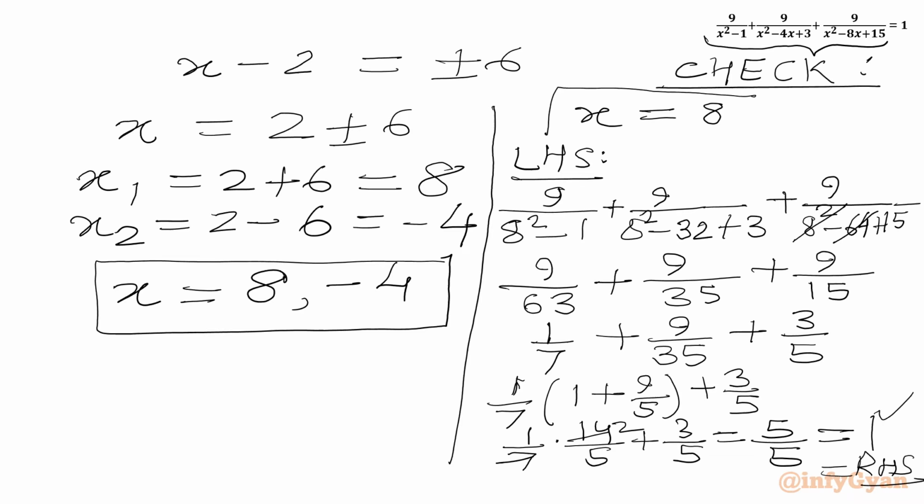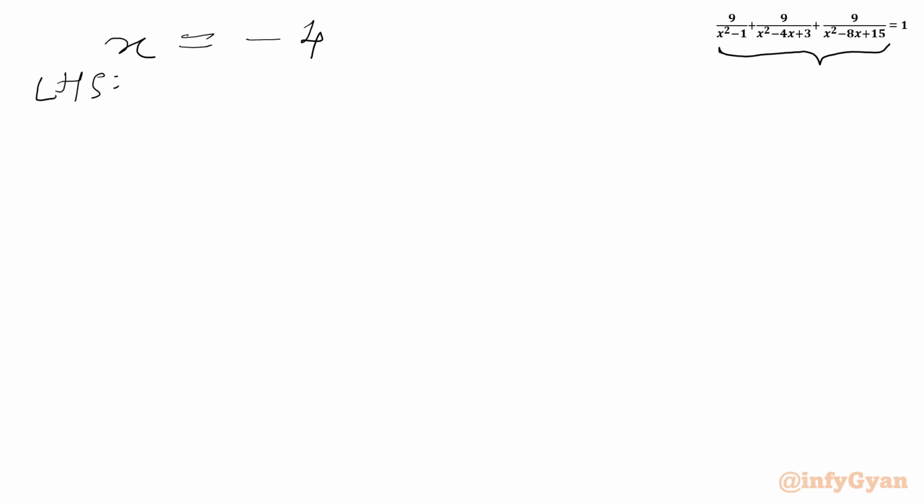x = 8 is verified. Now we will verify minus 4. So I will write x = -4. Let's begin with the LHS. We will write 9 over x² - 1.